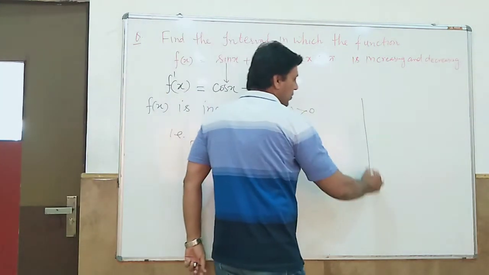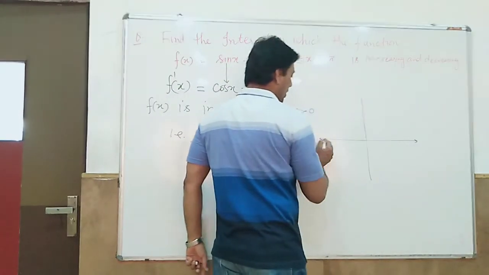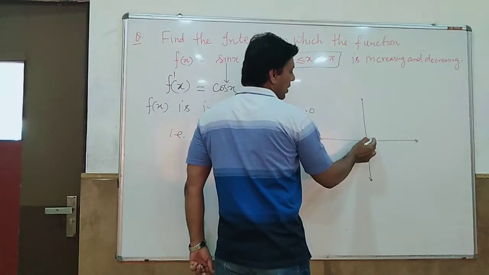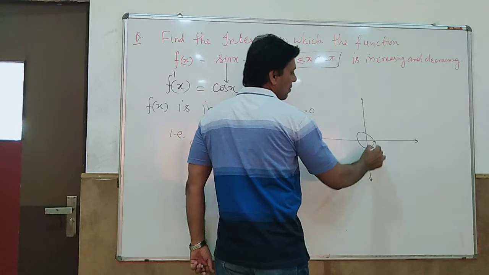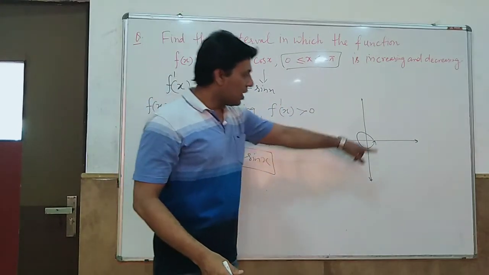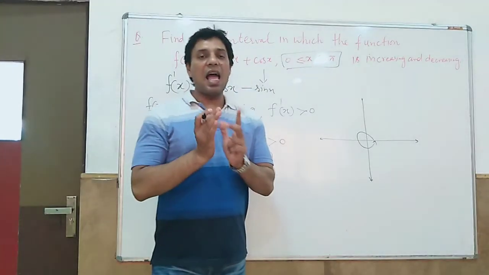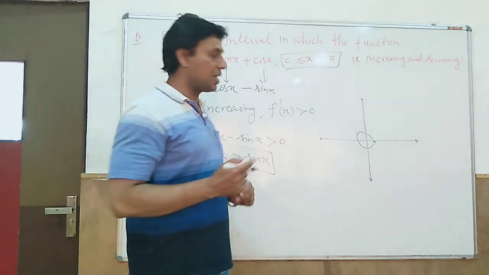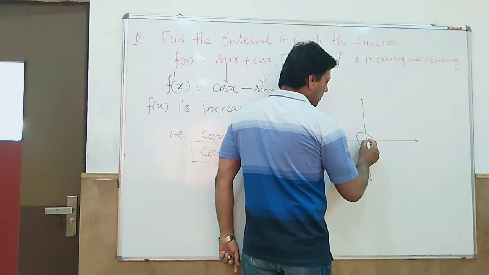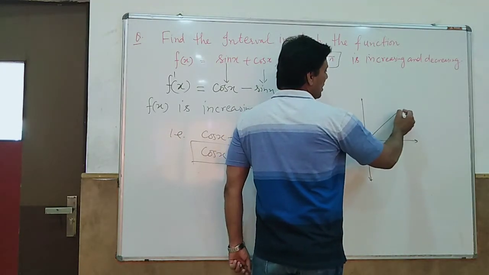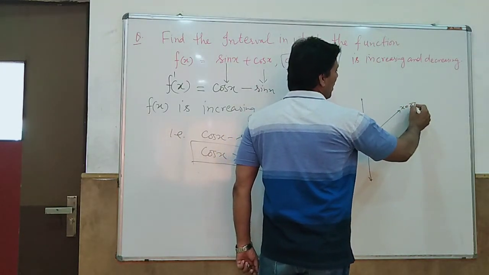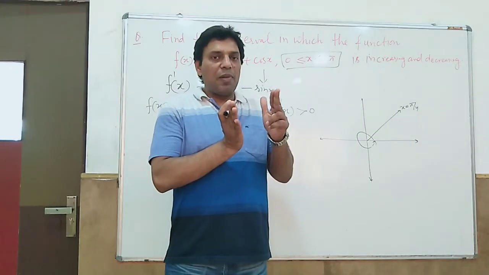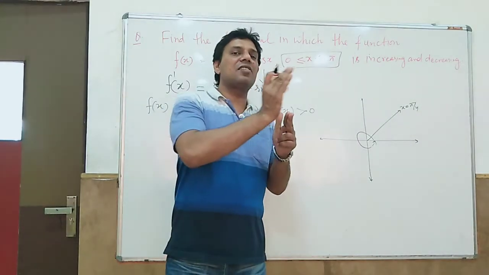Suppose this is our quadrant system and our domain is 0 to 2 pi, that is one complete circle. In 0 to 2 pi, I have to find out the places where cos x is greater than sin x. I want to remind you one thing. If this is the angle x equal to pi by 4, you see in the trigonometric table from 0 to pi by 4 cos is greater than sin.